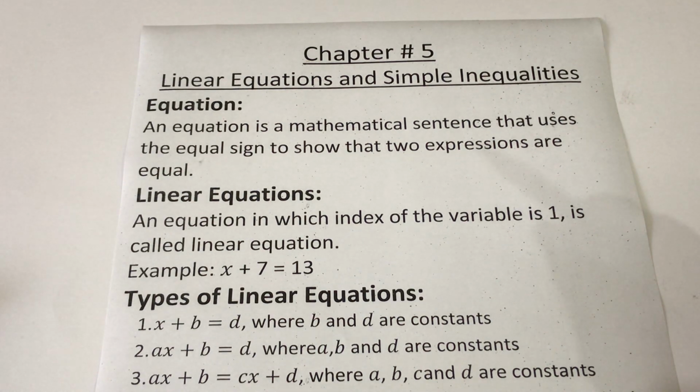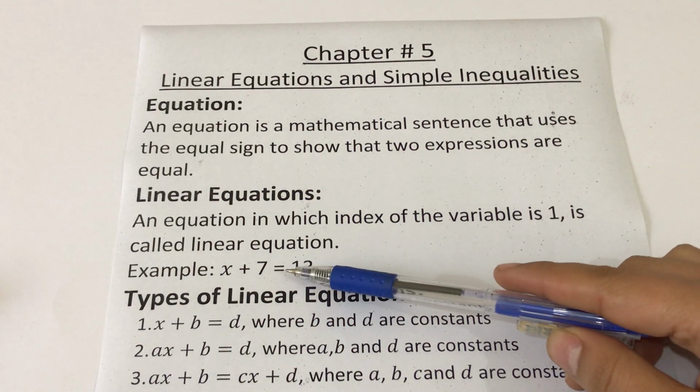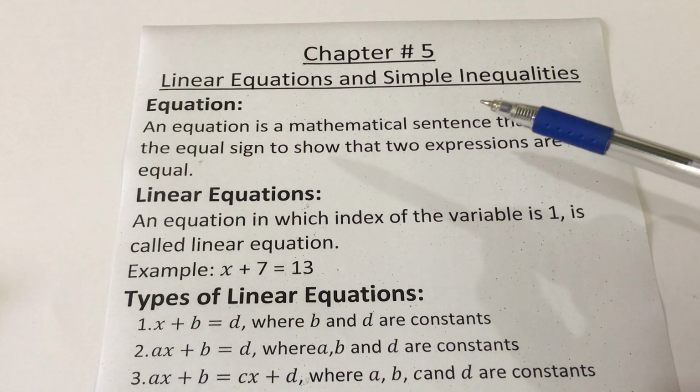The difference between an algebraic expression and an equation is, in algebraic expression, we have no equal sign, but in an equation, we always use an equal sign.